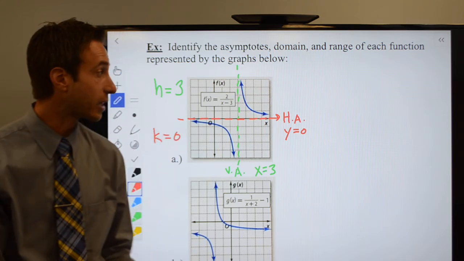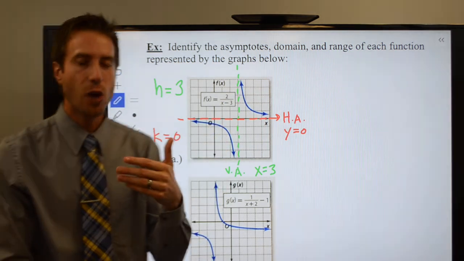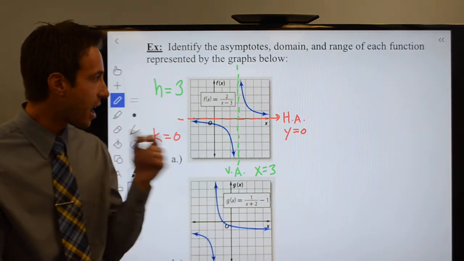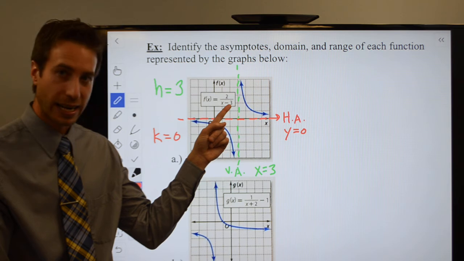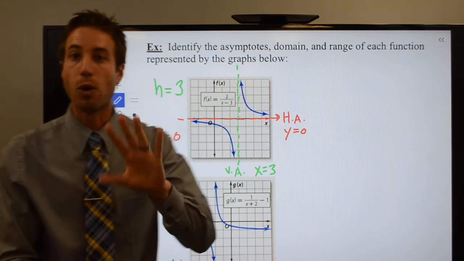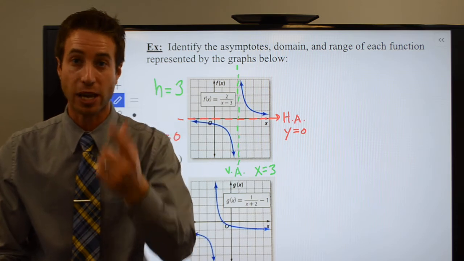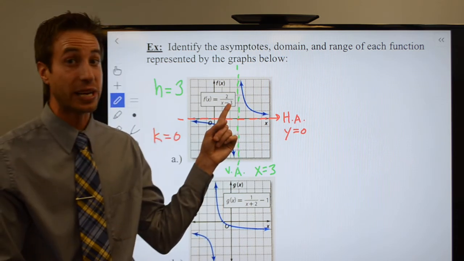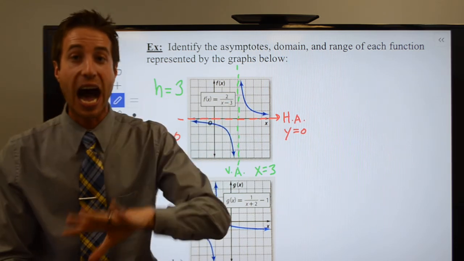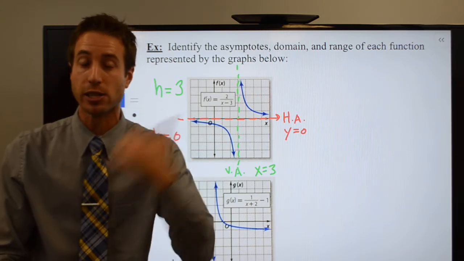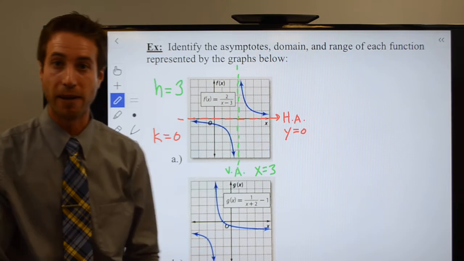Now, I take a look at the function that you were given. We may see some interesting things here. First of all, right down here in the bottom, I have a minus 3. Well, we know that h, the horizontal shift, is always the opposite. So if this negative 3 in fact is my h, I know that h would do the opposite. If h is a negative 3, I would go 3 units to the right, which is exactly where my vertical asymptote is.